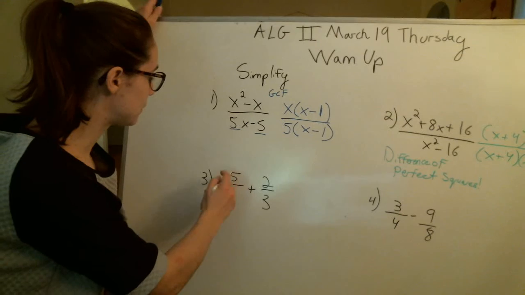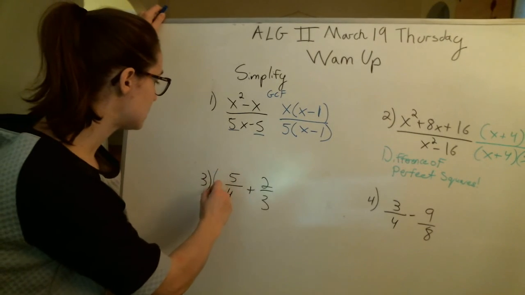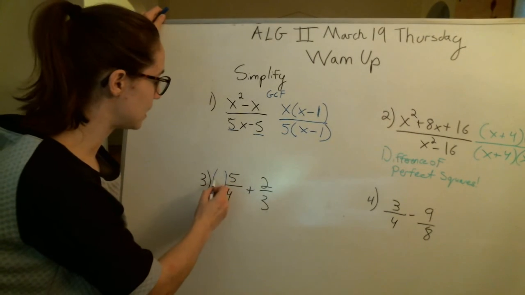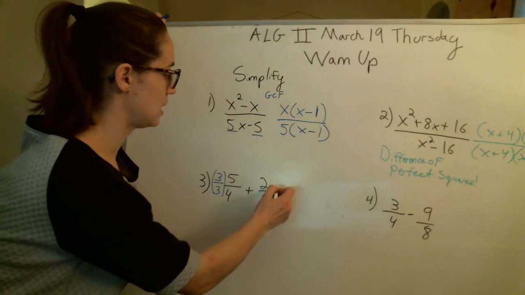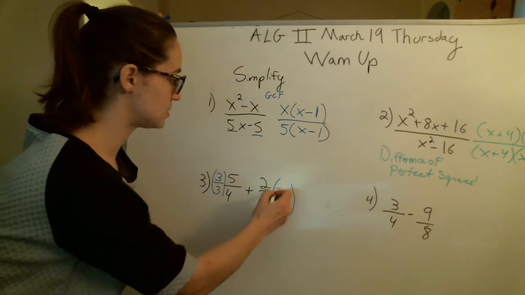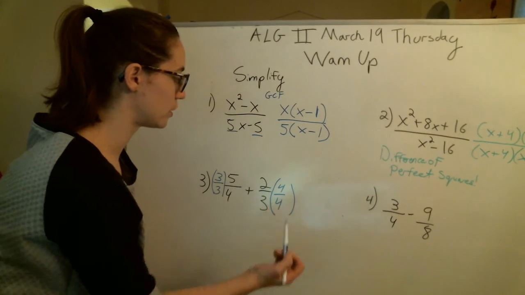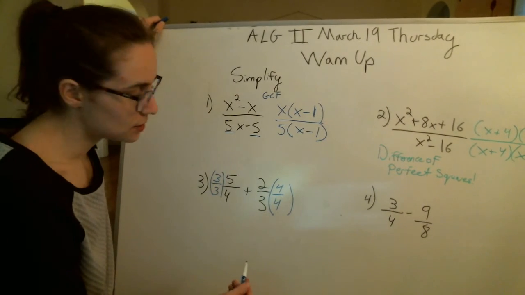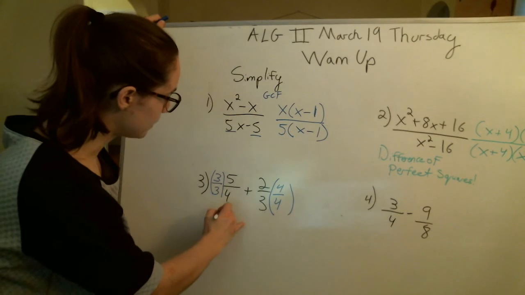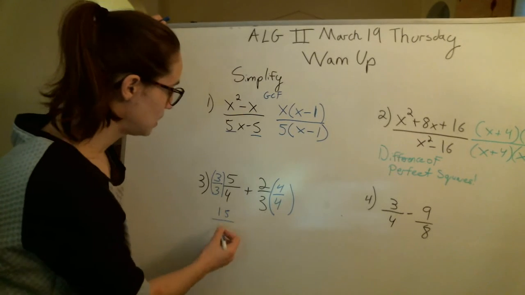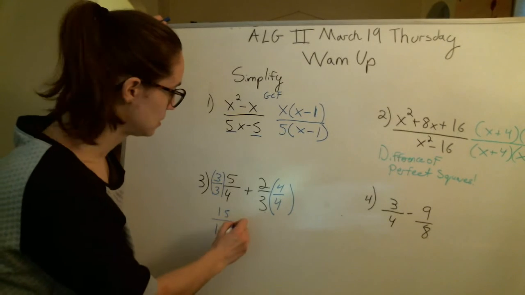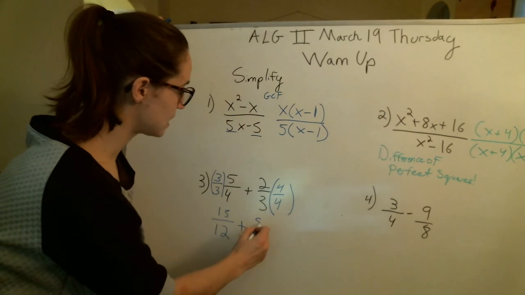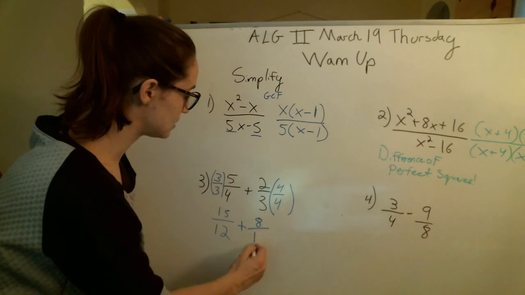Well, what if I multiplied this by this one's denominator, 3/3, okay, and this by this one's denominator, 4/4? So what that's going to do is say 3 times 5 is 15, and 3 times 4 is 12, right? 2 times 4 is 8, and 3 times 4 is 12.